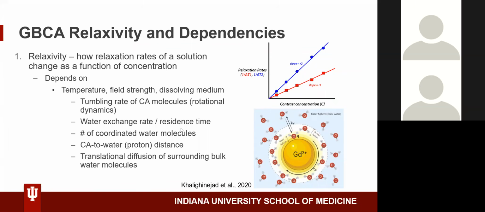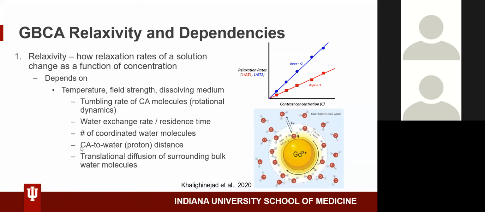Really, the only additional information on this slide is what are all of the dependencies of relaxivity. So it depends on the temperature, the field strength, the dissolving medium. As I mentioned, you've got all these water molecules bouncing around this GAD ion, so the tumbling rate is going to be influenced. Certainly, when you think about the water moving around this agent, the water exchange rate, the residence time is going to play a role.